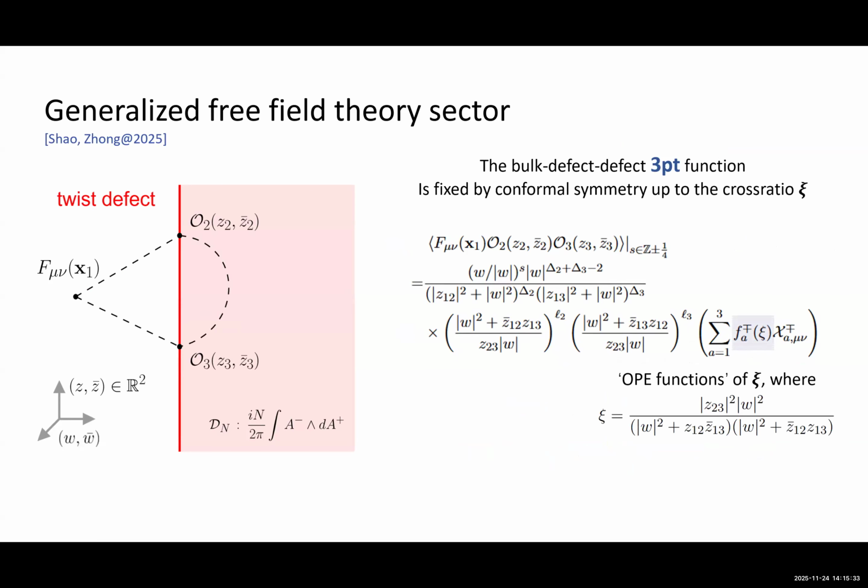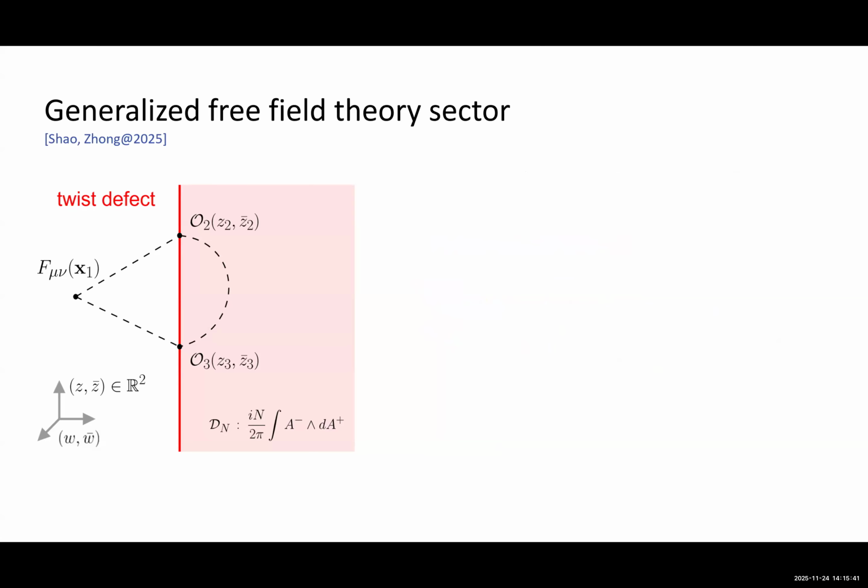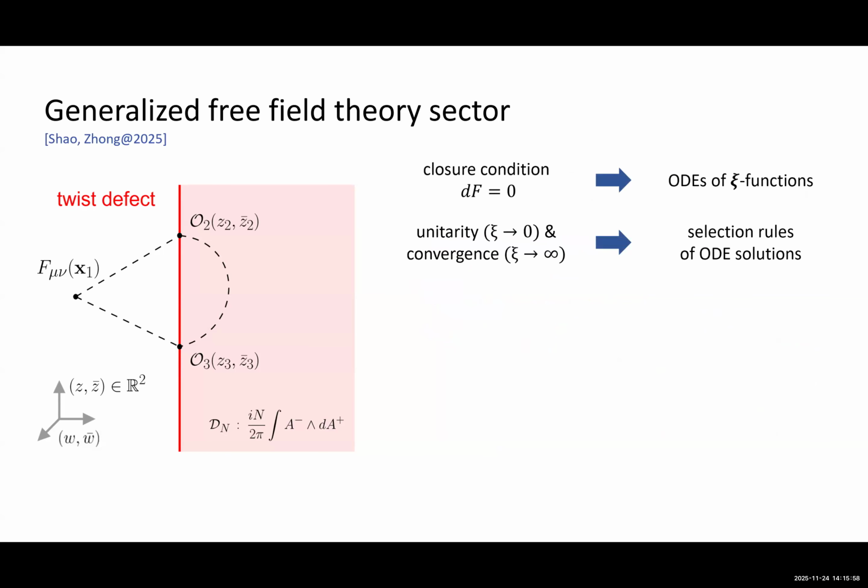So, quote unquote, they are the OPE functions of Kc, where the Kc is this very complicated combination. And now let's play the same trick once again. By requiring that the bulk field strength has to be closed, we find a set of ordinary differential equations for those OPE coefficients as a function of Kc.